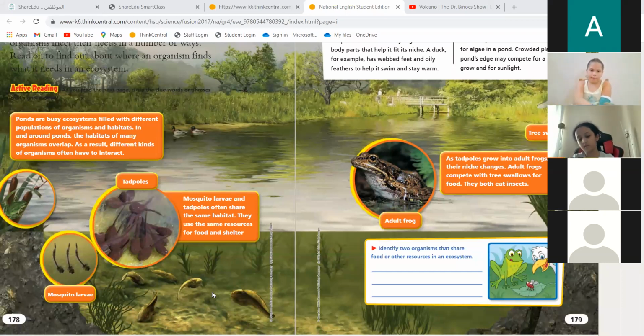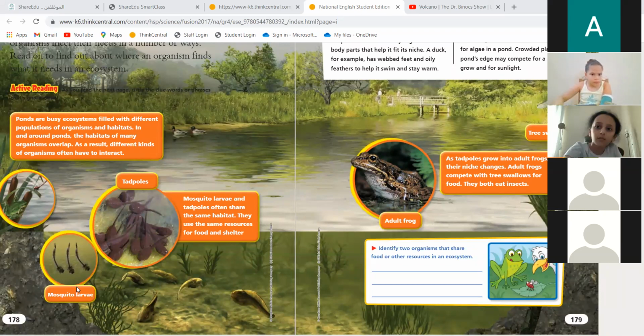Tadpoles, when they hatch from eggs, go to the water. They need the water to survive and to grow up until they become an adult. Is that right? Yes. Tadpoles eat what? Mosquito larvae.